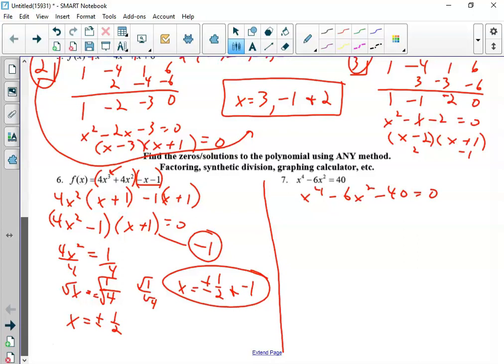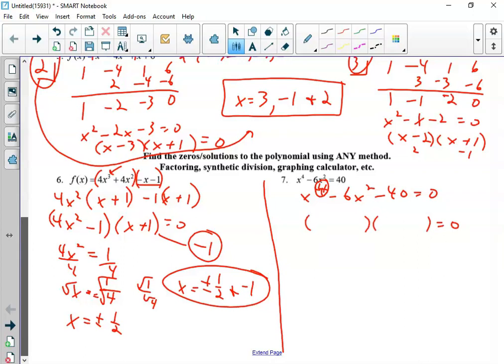You could also do the quadratic formula, except for the fact of this being a 4. So that won't work. But I saw some people trying the quadratic formula. Remember, it's a quadratic formula, which means you can't do it if your exponent is a 4. So that won't work. So that leads us back to good old-fashioned factoring.